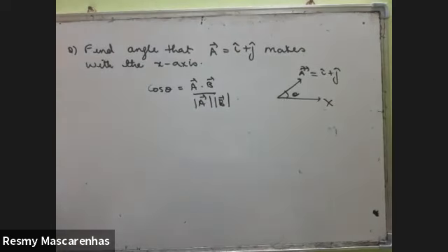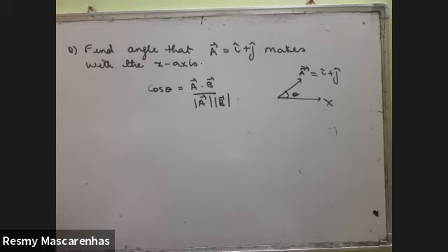Can anyone tell me which vector I have to take along the x-axis? I told you the standard unit vectors along every axis. Every axis has its own vector. So which is the vector along the x-axis? Yes, i.